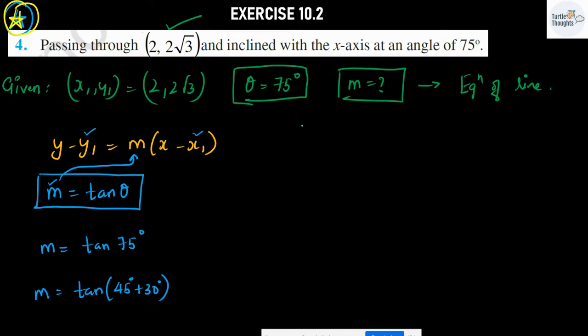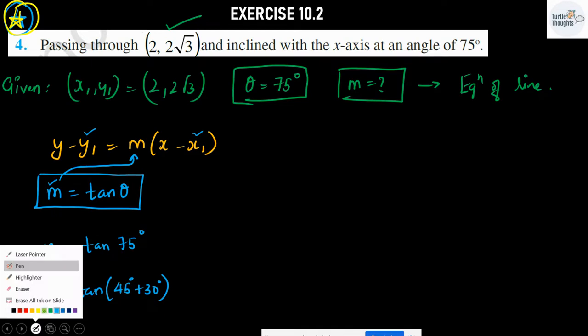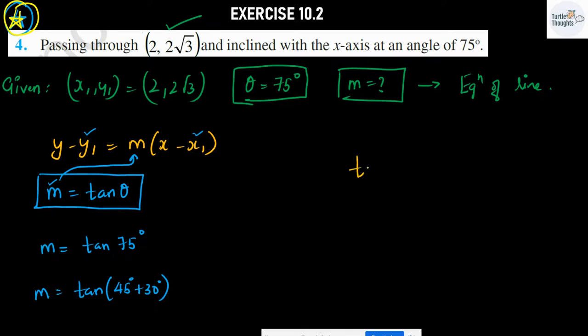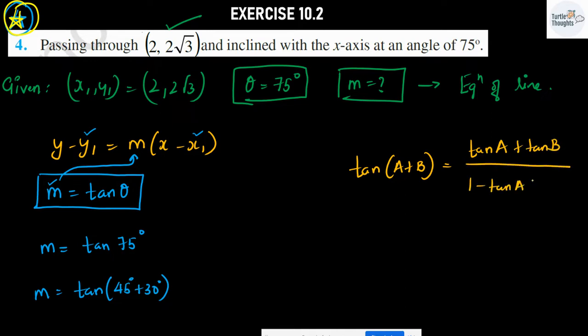We know the formula of tan A plus B. Let me write the same. Tan A plus B is given by tan A plus tan B divided by 1 minus tan A tan B. This is the formula of tan A plus B.